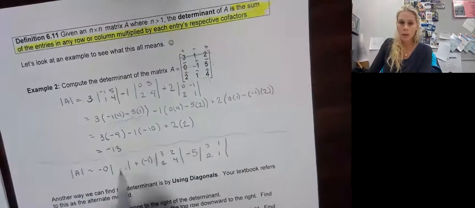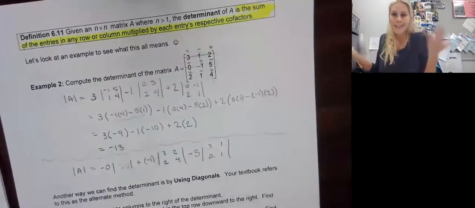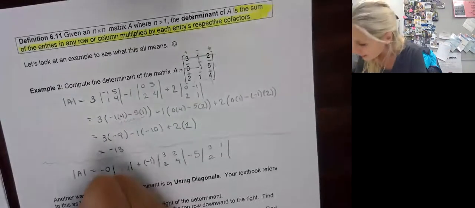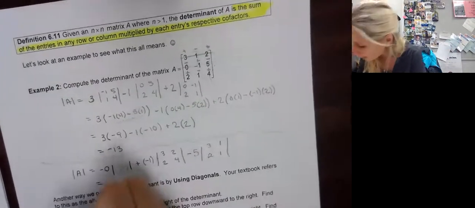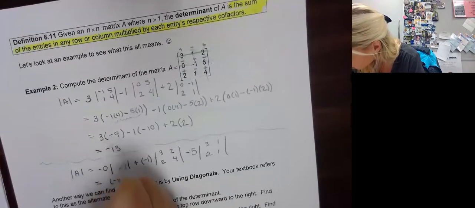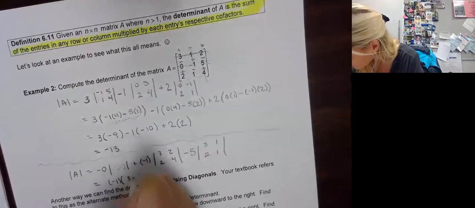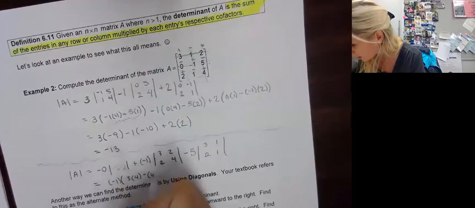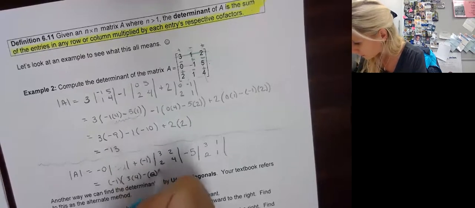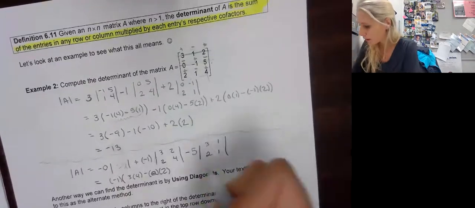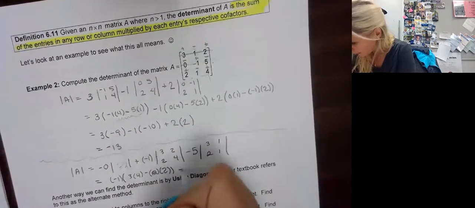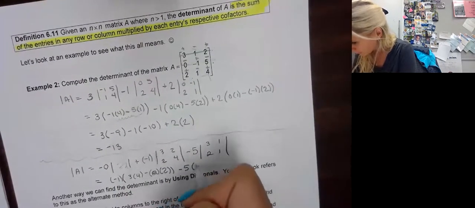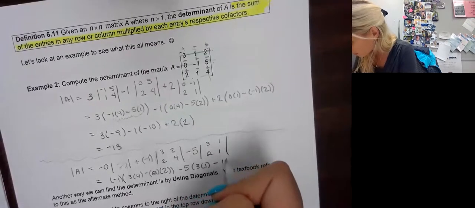Now again, the only reason I didn't fill this out, guys, is because anything times 0 is 0. So I'm going to ignore that right now. I have this -1 times A times D minus B times C. Sorry, my 2 looked weird there. Minus 5 times 3 times 1 minus 1 times 2.